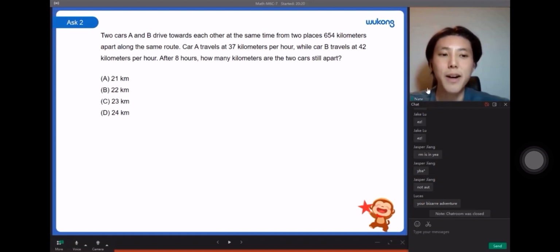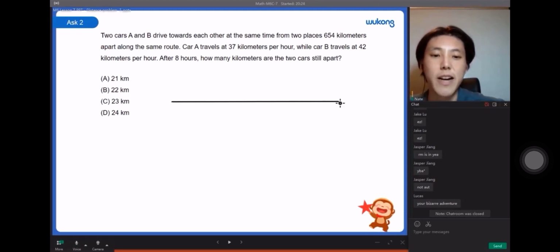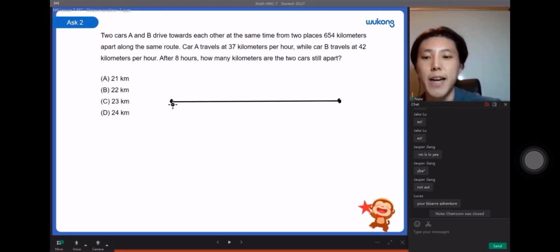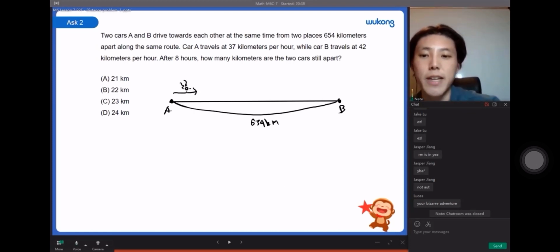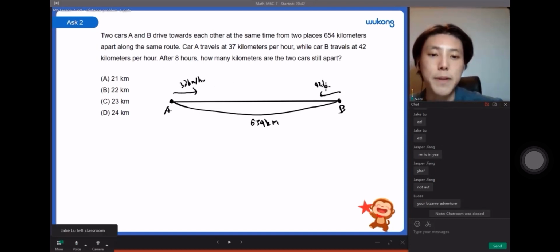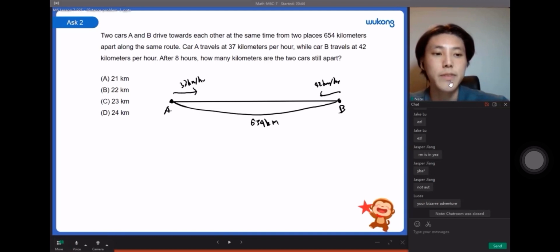Okay. So this is a diagram that we have here. A is here and B is in this location, and they are 654 kilometers apart. Now, if A is traveling at 37 kilometers per hour and B is traveling at 42 kilometers per hour, we want to know how much they traveled after the 8 hours, and all you have to do is subtract that from your total distance.